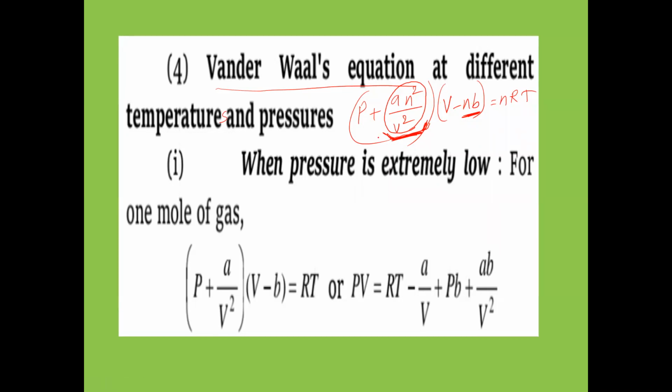Suppose we take extremely high pressure, suppose the pressure of the gas is very high. In comparison with high pressure, this pressure correction can be neglected. Next, the volume correction can be neglected if the volume of the given gas is very large.